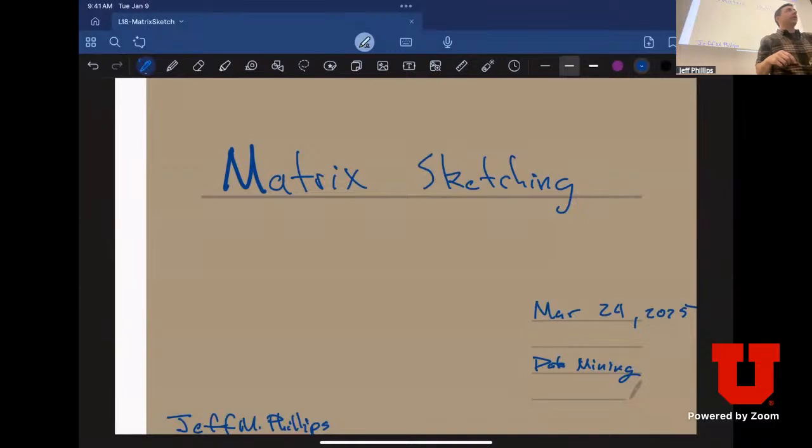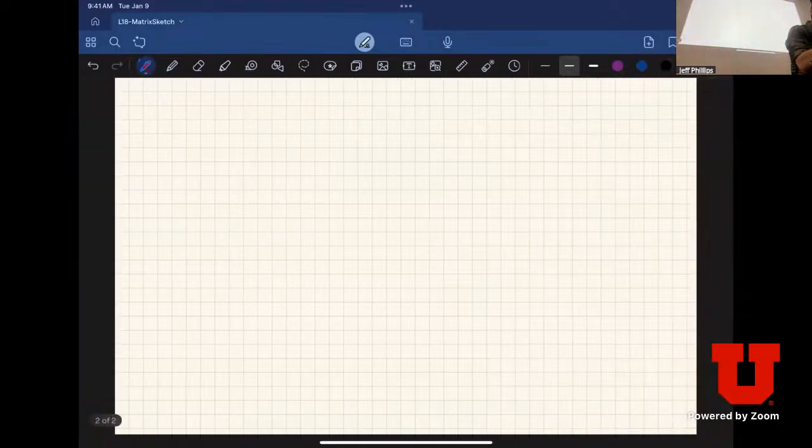All right, so matrix sketching. Let's quickly review our input. A, we're going to think of as an element of R^(n by d).